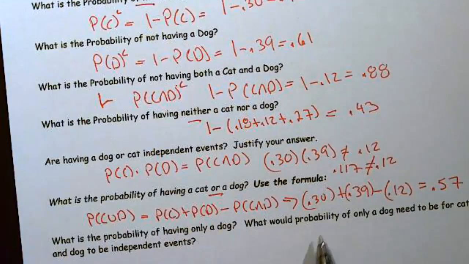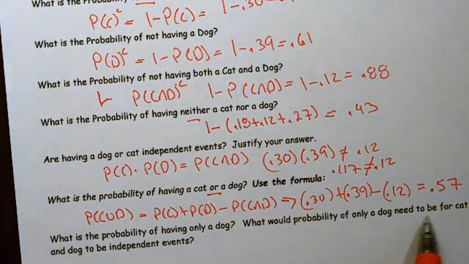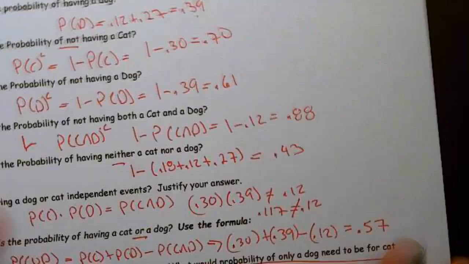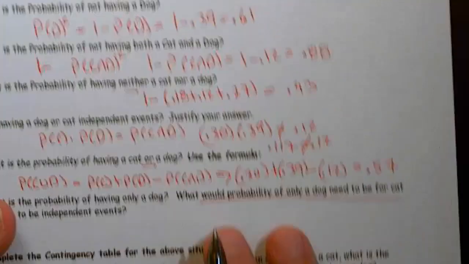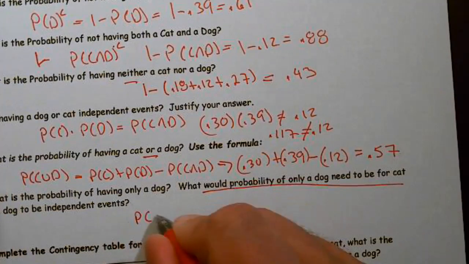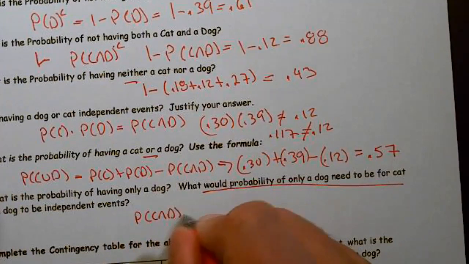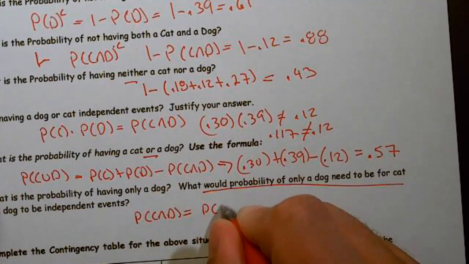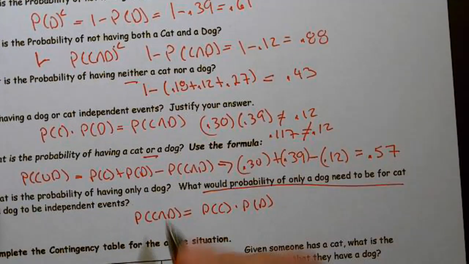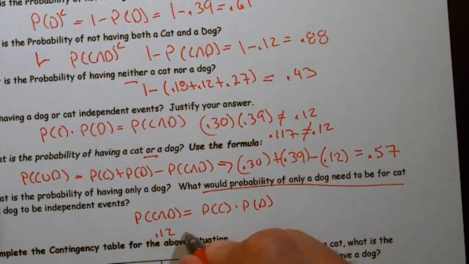All right, what does the probability of dog need to be for cat and dog to be independent? Well, remember, to be independent, the probability of cat and dog needs to equal the probability of cat times the probability of dog. But we know cat and dog is 0.12.